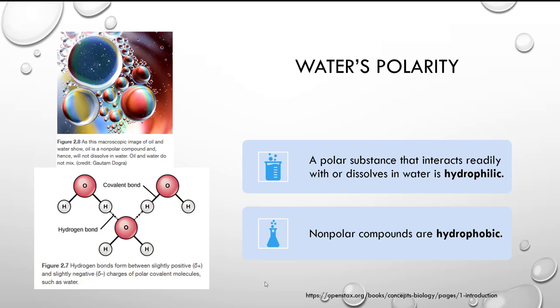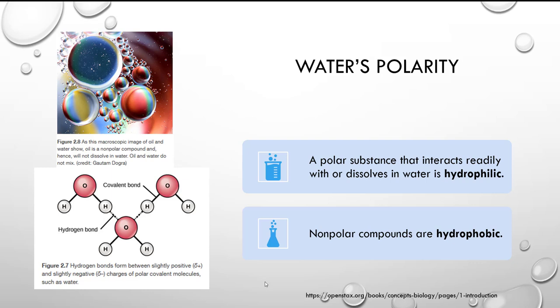So water is essential to life. And the reason why it's essential is because it's unique. So we're going to talk about what those properties are that make it so unique.